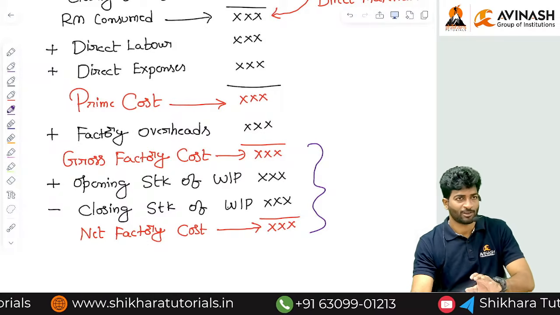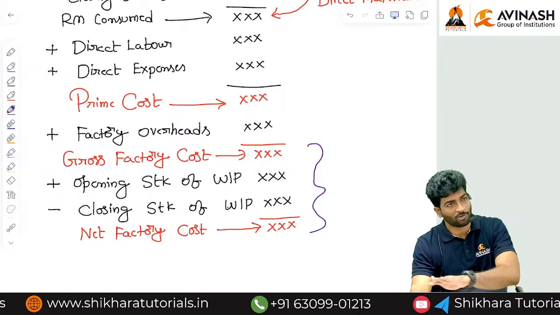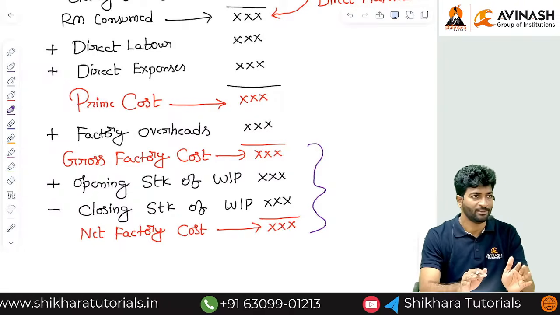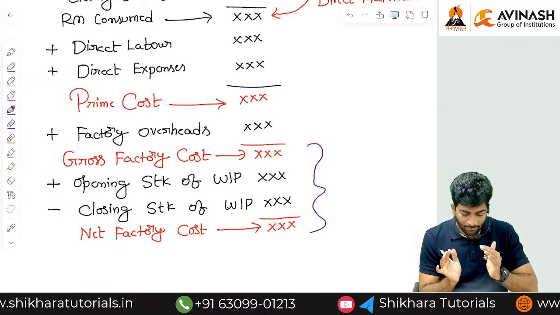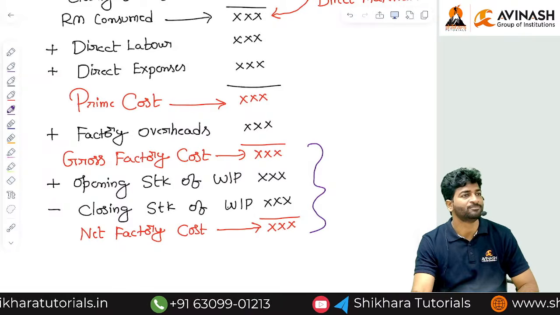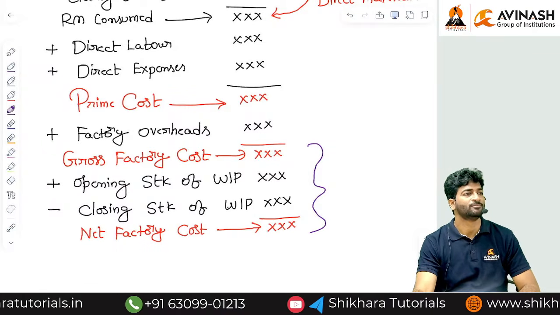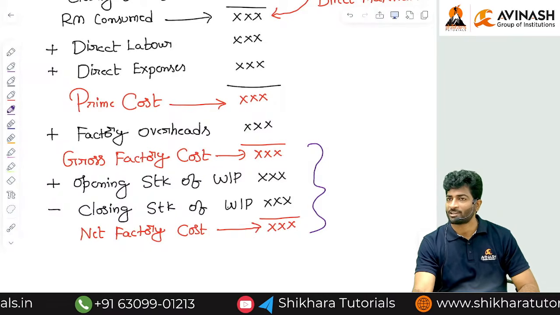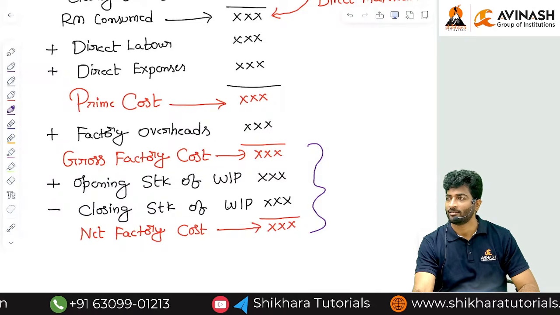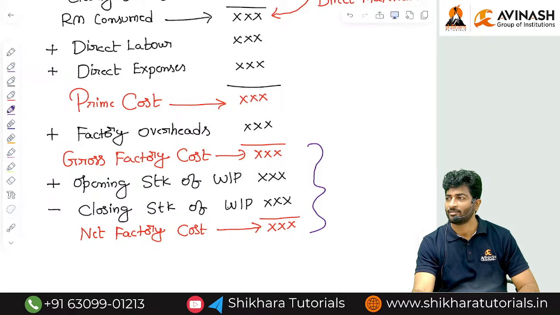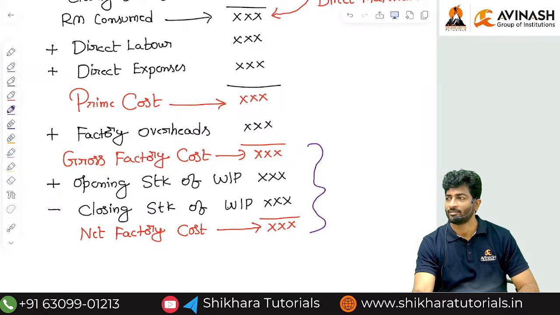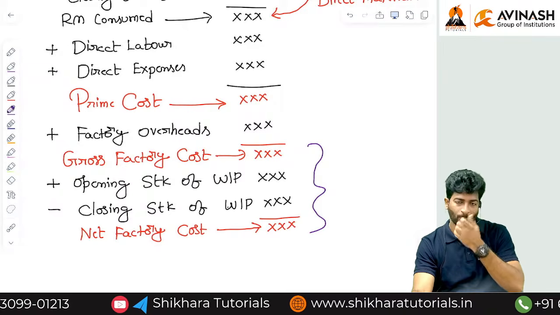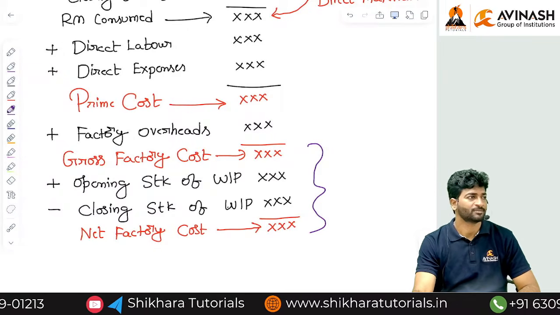Some semi-finished goods at the end of the period and some at the beginning of the period are fine. So what are you going to get by making that adjustment? Cost of conversion of raw material.